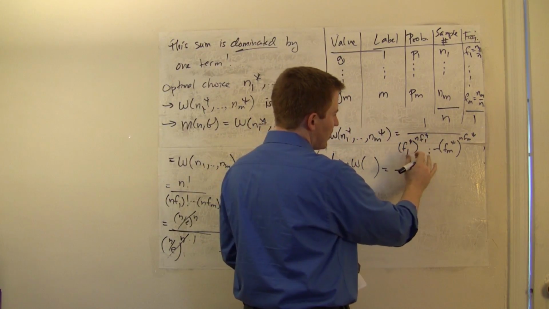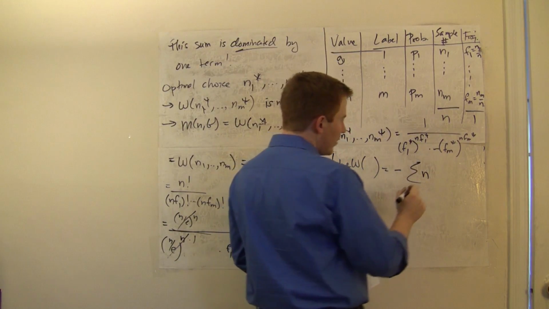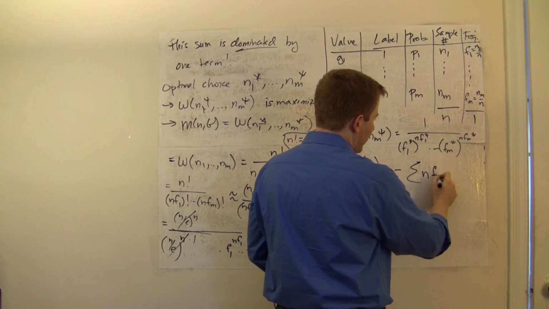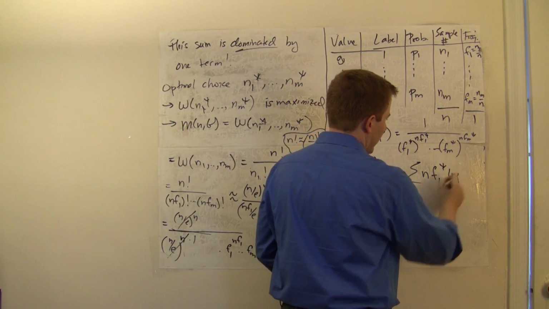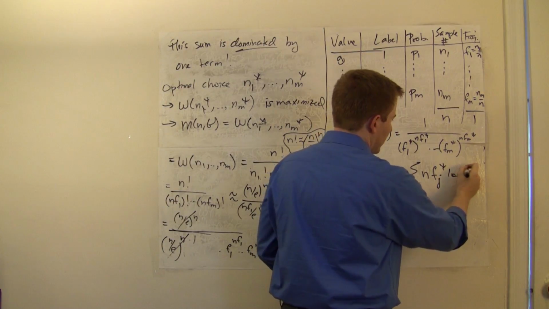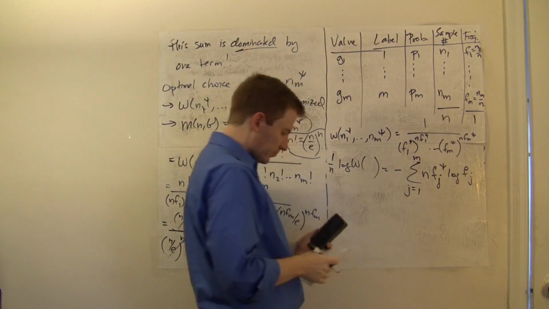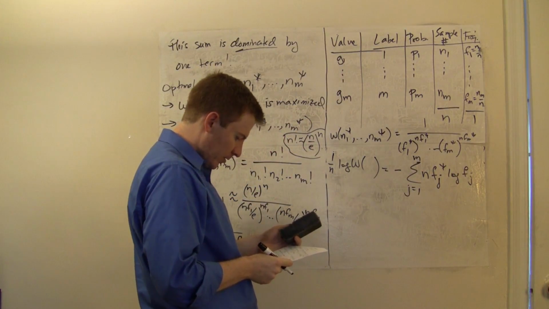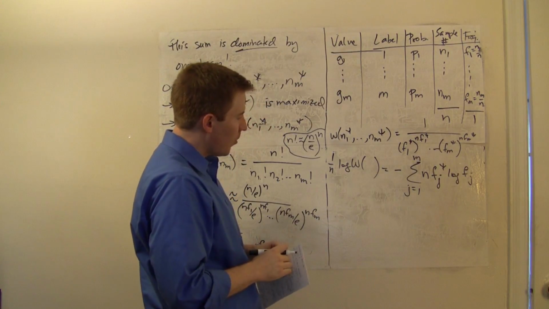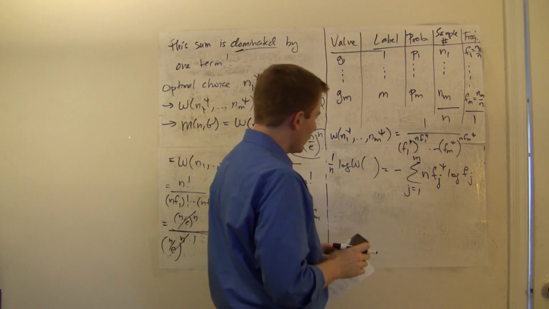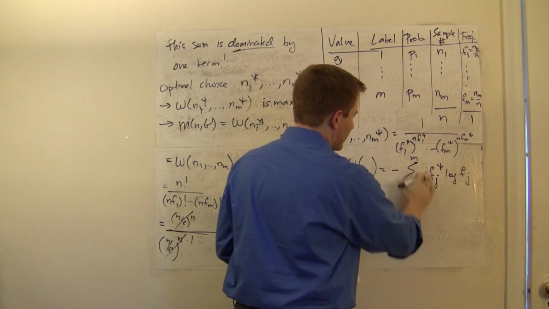The log of each one of these is going to have an n term in the front, and then we have fj times log of fj, and we're taking that sum, j equals 1 to m. Now we have 1 over n of that, so the 1 over n cancels the n. That's what I wanted to get to.